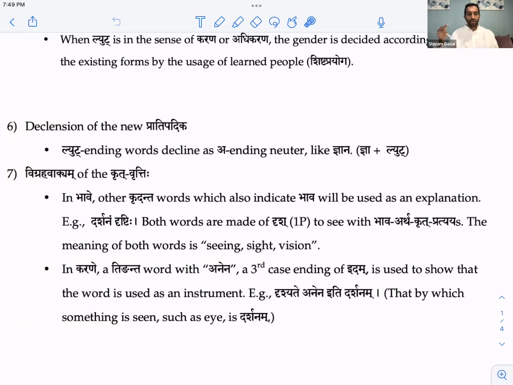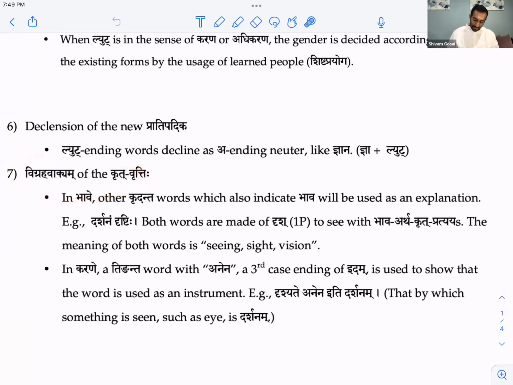The pratipadikam is jnana, the 1-1 is jnanam. Similarly, you can say pratipadika or you can say pratipadikam. Jnanam, jnane, jnana. Okay, we'll see these words in a moment.